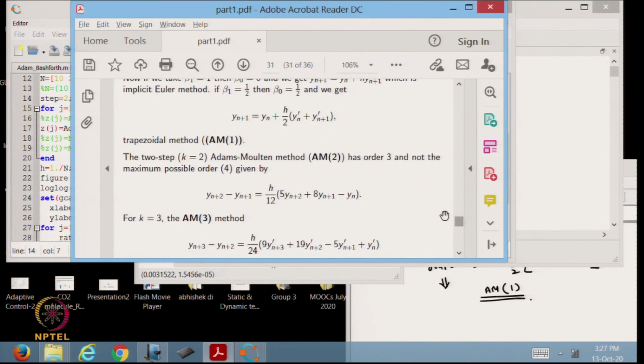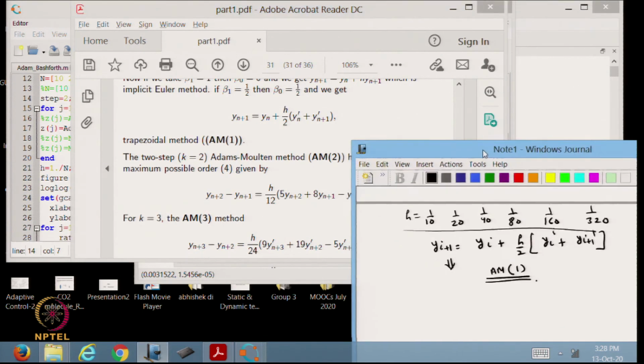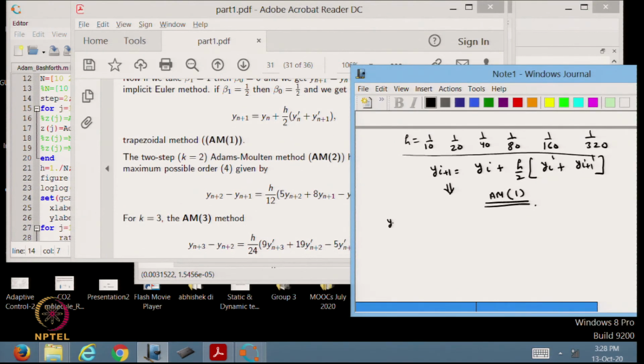So, the AM1 is this, which is a trapezoidal, which we have already seen, and AM2 is this basically, which let me also write down here. Minus yi.